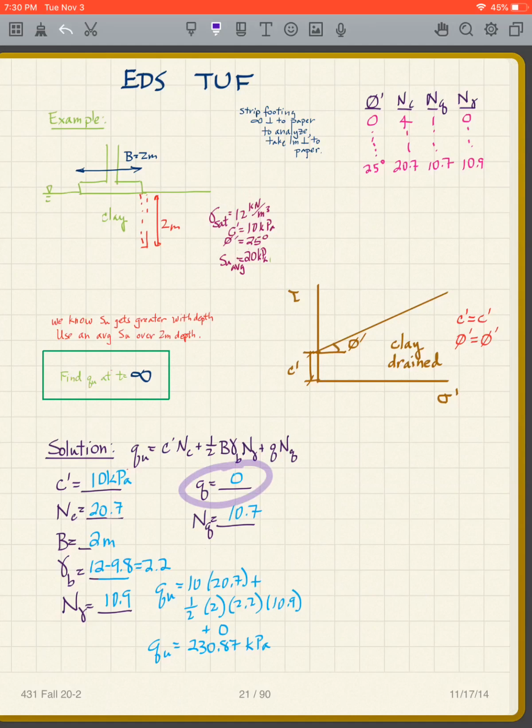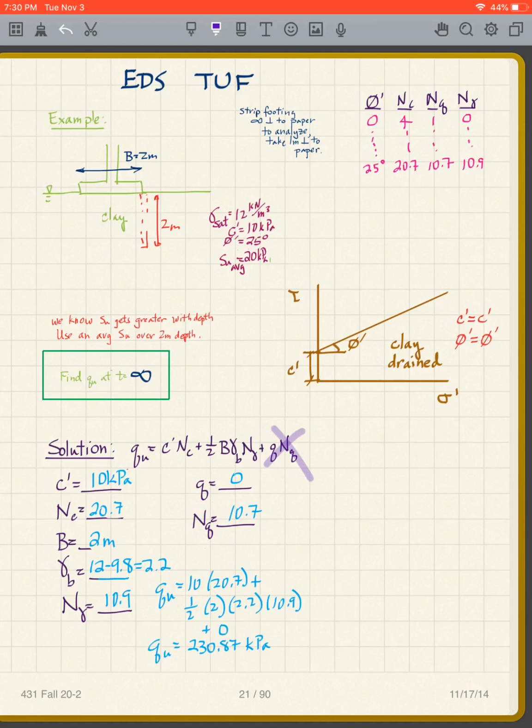Q is 0. Why is Q 0? Because again, it's on the ground surface. So I have no stress due to the weight of the soil out there because there is no soil. So my Q is 0, and that term drops out.